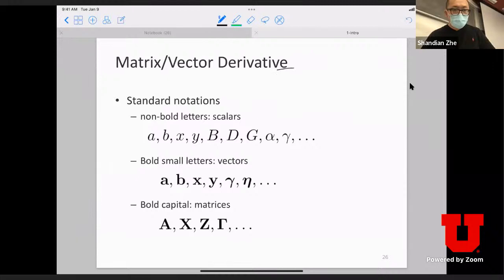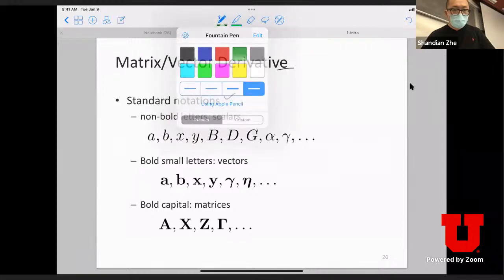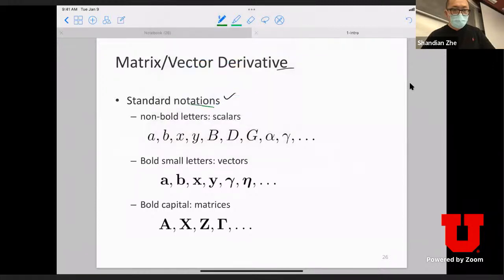Before we introduce the rules to compute matrix and vector derivatives, we're going to introduce several standard notations. They have been used in academia for a long time, so that when you see those symbols, you automatically associate them with the types of objects.